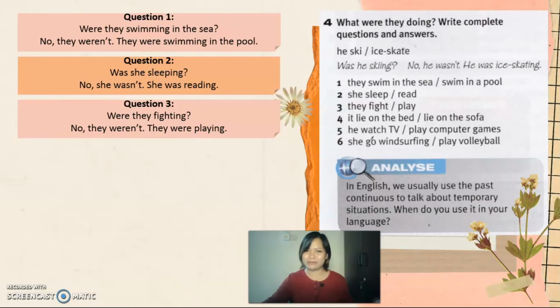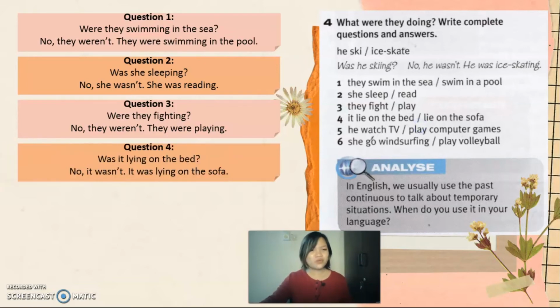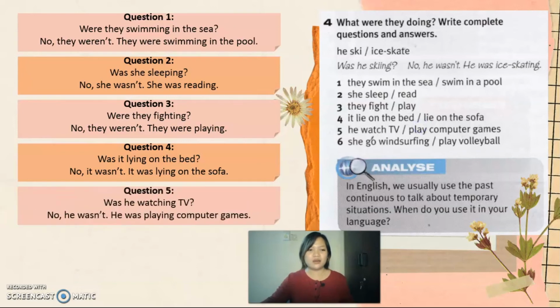Number 4, it lie on the bed, lie on the sofa. Something is lying on the bed, but it was not. Okay, so was it lying on the bed? No, it wasn't. It was lying on the sofa. Right. And then next, he watched TV, play computer games. Okay, was he watching TV? No, he was not. He was playing computer games.